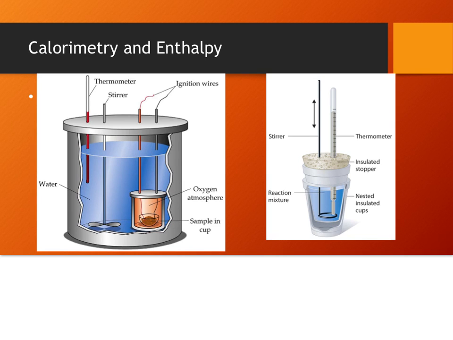A more precise calorimeter is called a bomb calorimeter. Now, no, it's not because you're building a bomb with it, though you are technically building a bomb inside it. Basically, you got a container, you fill that with water. Inside that container, you put a small container. Typically, those have two ignition wires in it. You put the reaction in here without reacting and then ignite it once it's sealed up.